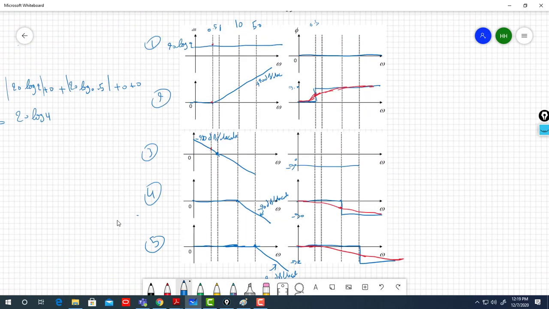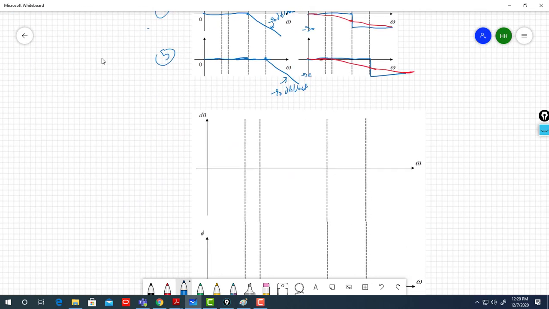So 20 log of 4, and because that's the separation point, I'm interested to look, and I go minus 20 decibel per decade this way.